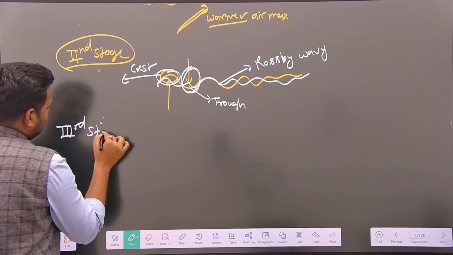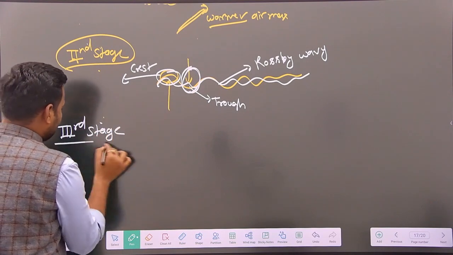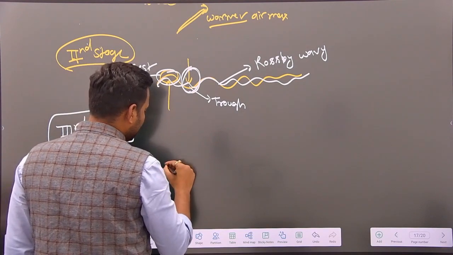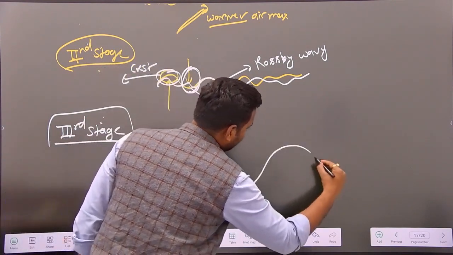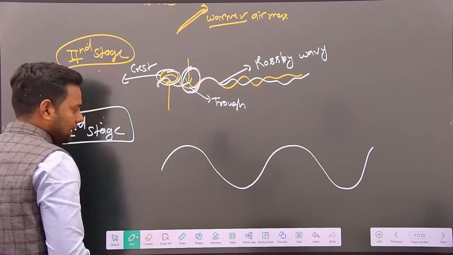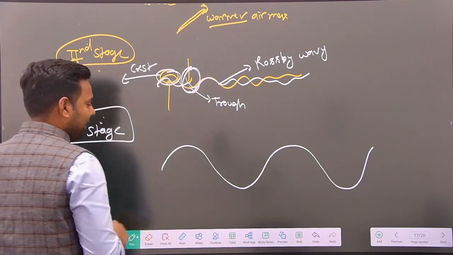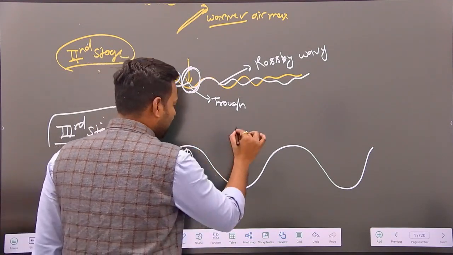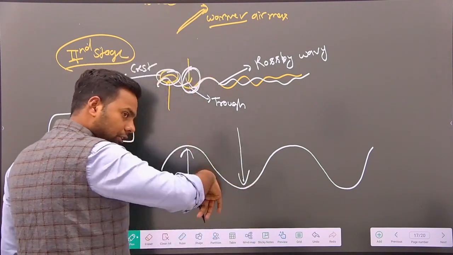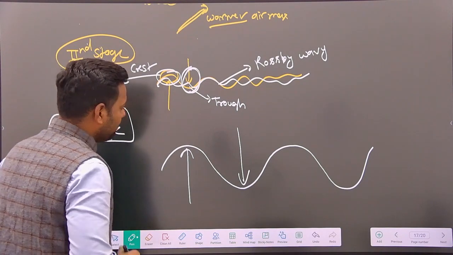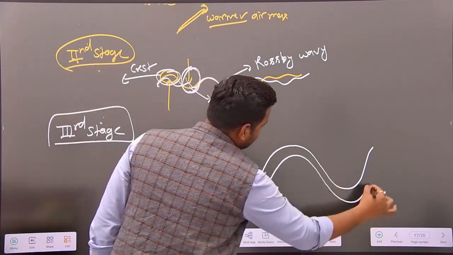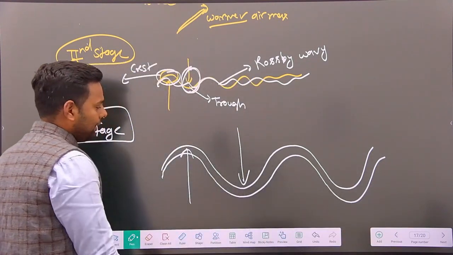And the third stage of the jet stream index cycle is the mature stage of the jet stream, where there is a development of a wave-like structure. Here warmer air is approaching towards the pole, here cooler air is approaching towards the equatorial region. There is a development of spiral meandering.